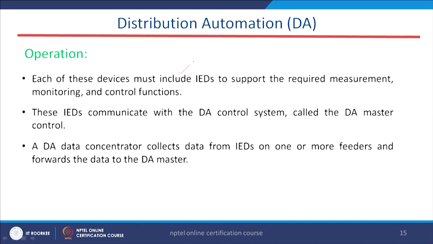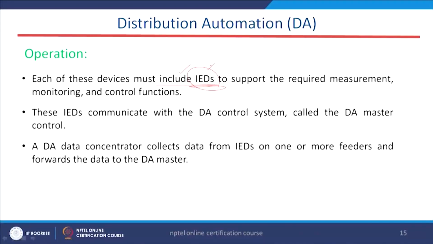Each of these devices must include IEDs. Without IEDs we cannot make the distribution system automatic. Why? Because these intelligent electronic devices will gather information from the corresponding devices like circuit breakers, reclosers or switches, or distribution transformers.